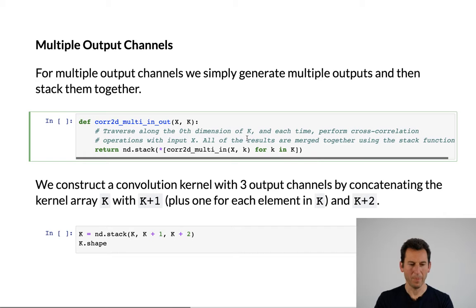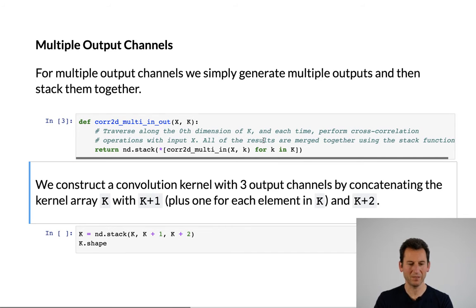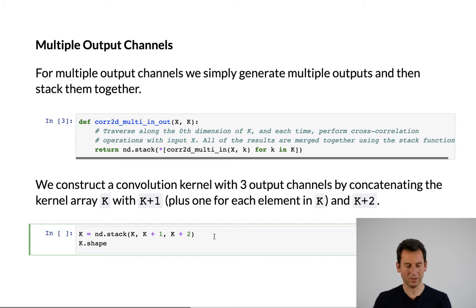Okay, so now if I want to have multiple output channels, what I simply do is apply the multiple input channel setting for each of the output channels, and this gives me a multi-input, multi-output channel. For that, I need a kernel which has multiple output channels. I'm going to make my life easy.